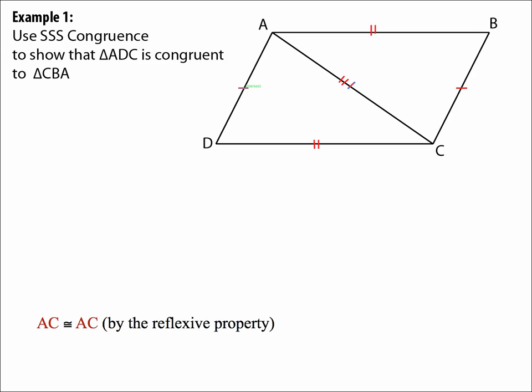So now all three corresponding sides, sets of pairs, AD matches CB, DC matches BA, and AC is congruent to itself. So we can finally conclude that by side, side, side, the two triangles are congruent.